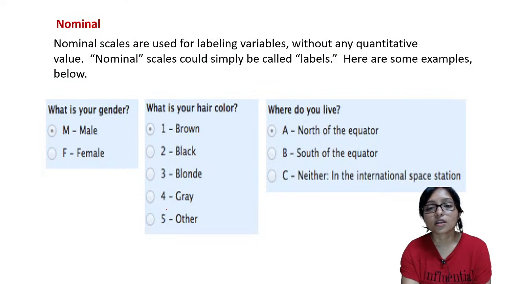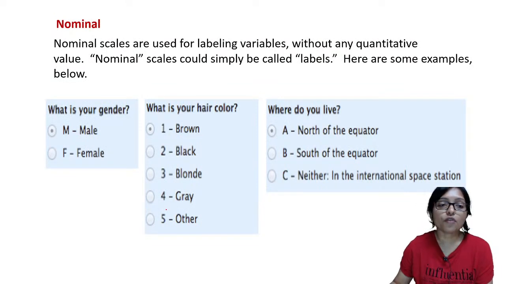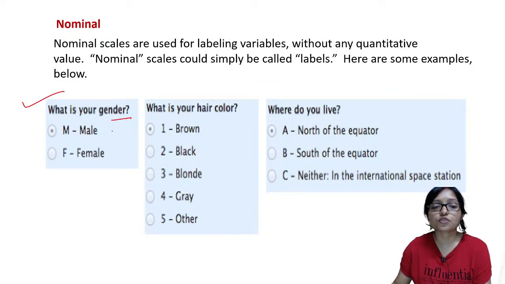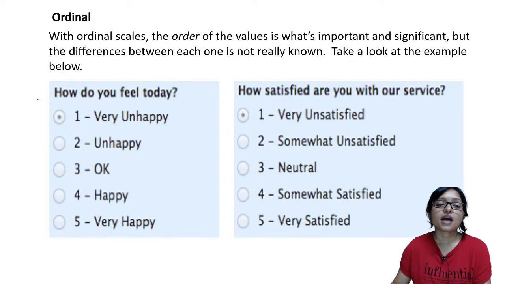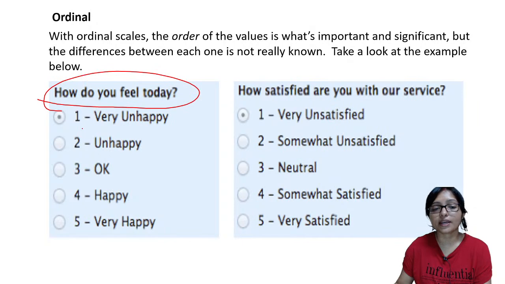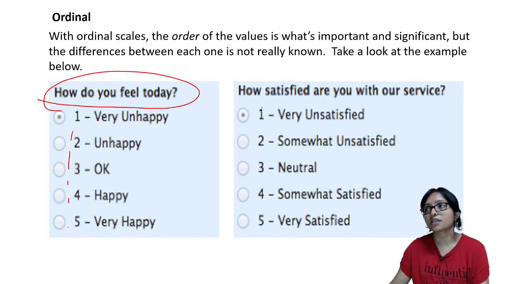Okay. So here is an example of nominal. What are the different types of gender, male or female, what is the hair color, where do you live, these are nominal examples. Ordinal means how you are feeling happy today, you are giving the number 1, 2, 3, 4, 5, or you are giving the rating 1 star, 2 star, 3 star, 4 star.